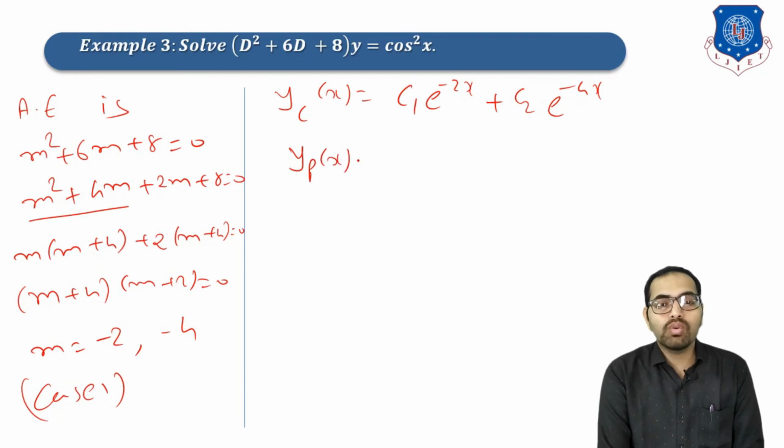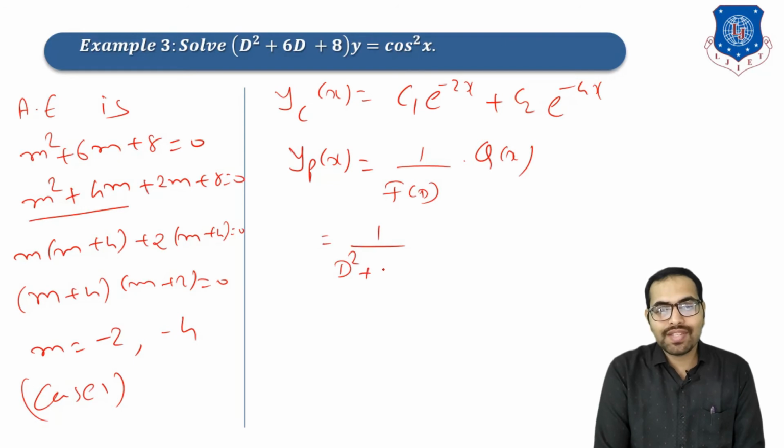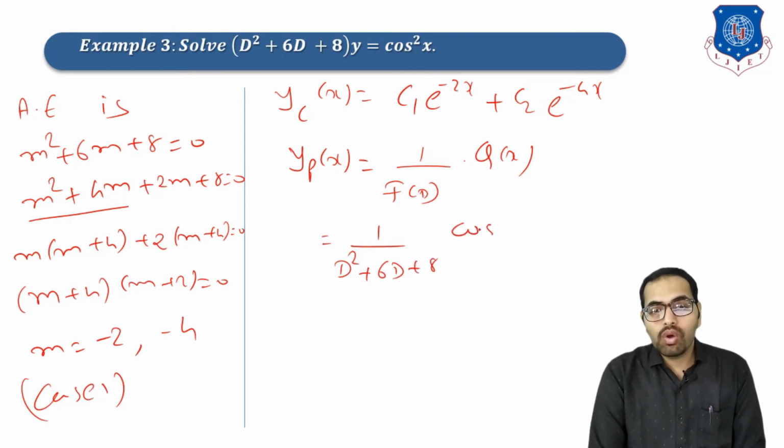Now move to finding the particular integral. yp(x) = 1 upon f(D) into Q(x). Substituting the value of 1 upon f(D), that is D² + 6D + 8, into cos² x. See here we cannot go for it directly.